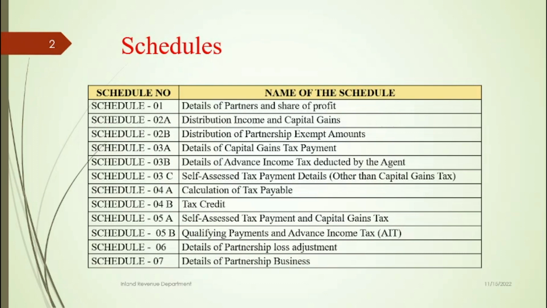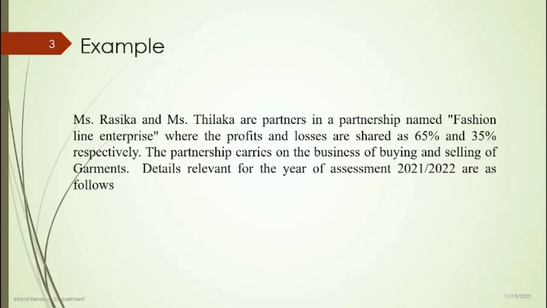So you can fill the schedules first and take the amount in that schedule to the return in the relevant cage. This is an example. After using this example, I think you can very easily fill the return.